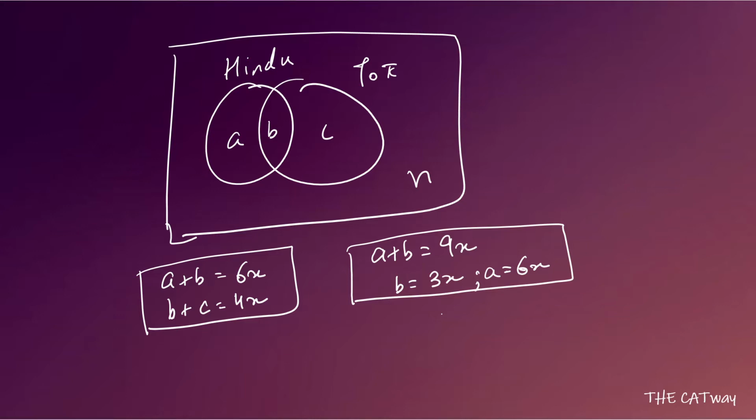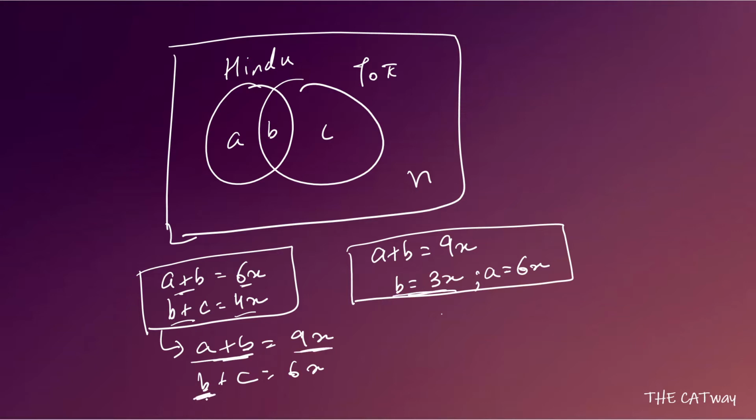Now what we can say is, if A plus B was 6, then B plus C was 4. So if A plus B is equal to 9x, then B plus C can be equal to 6x. And when A plus B is equal to 9x, we have seen that B is equal to 3x.